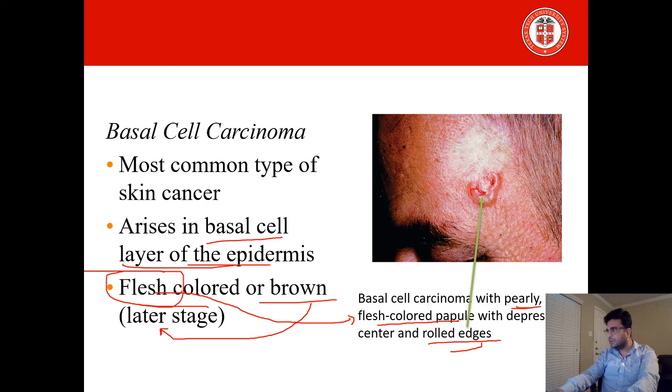So if you see this particular appearance on the edges, it means that it's pretty classic of basal cell carcinoma. And the other feature is that the center is depressed. So if you look here, this part goes in and it has been covered by the rolled edges. So these are some of the features which you can appreciate if you're examining a tumor: rolled over edges, pearl shape, red brown discoloration, and the center seems down or depressed.